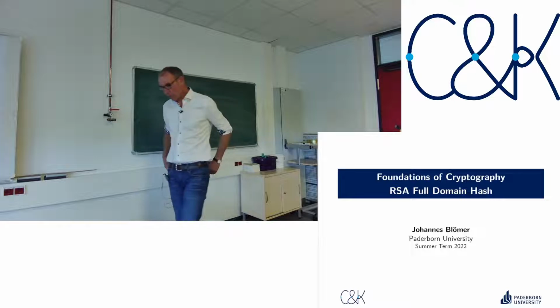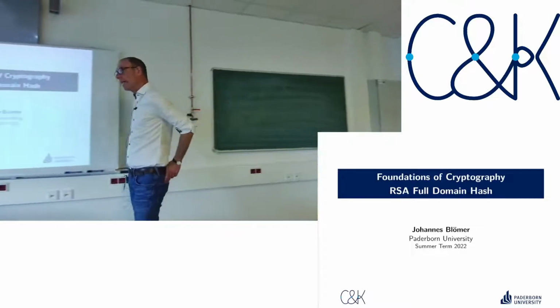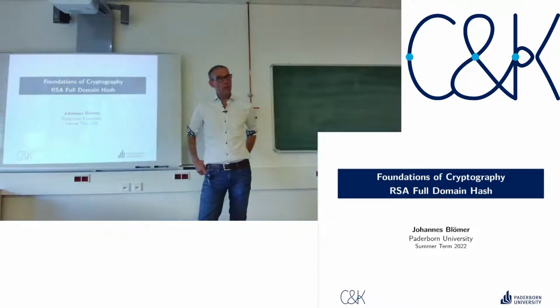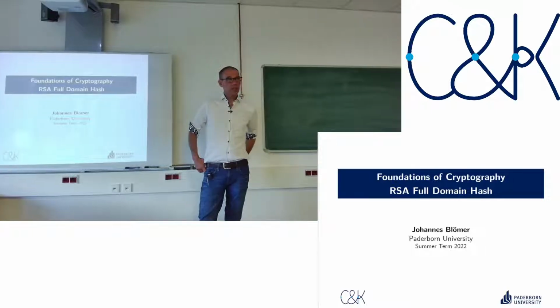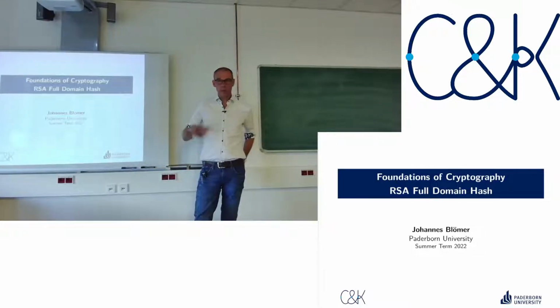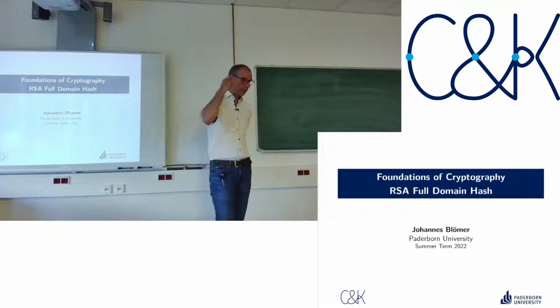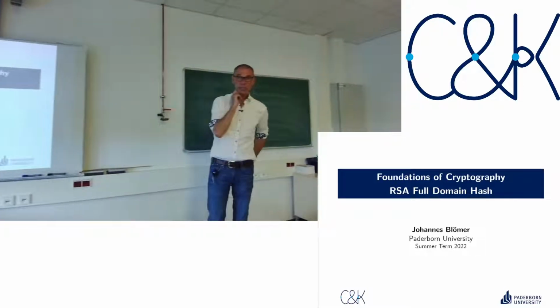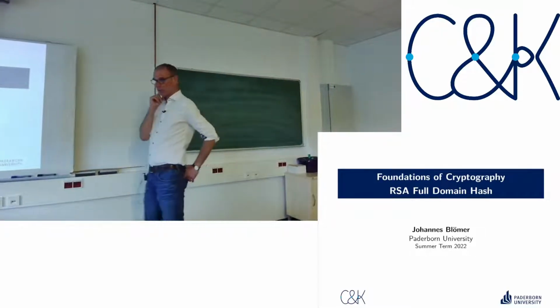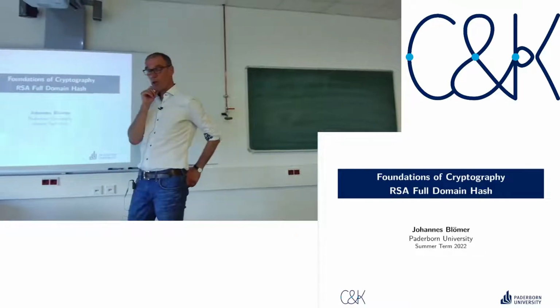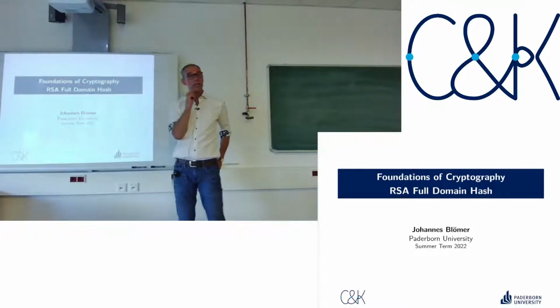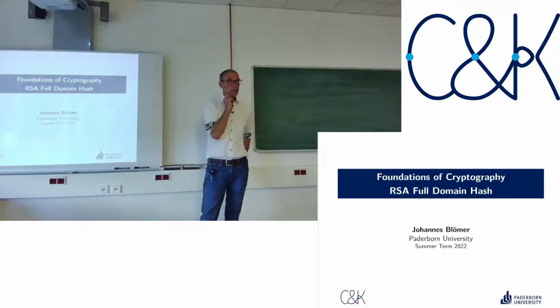Then the question is, can we enhance the security of the hash functions so that the resulting construction, the combination with RSA, still leads to something that's secure? We will see that an idealization of hash functions that is used quite a lot in modern cryptography can actually provide this security.